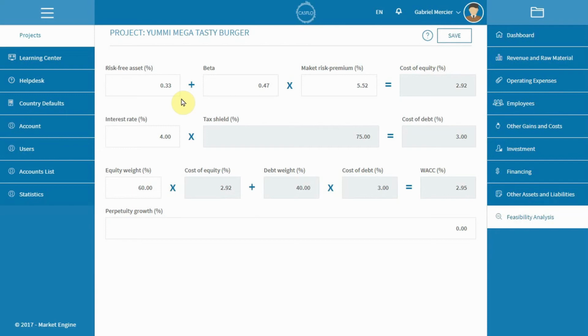For this example, we will assume the value of 4%. The effective cost of debt includes the tax shield.